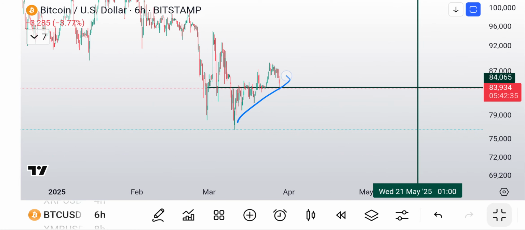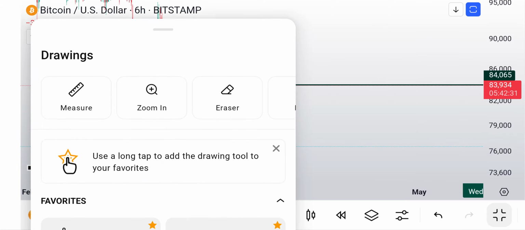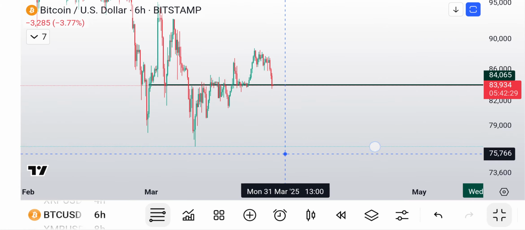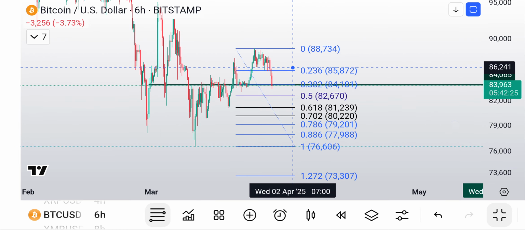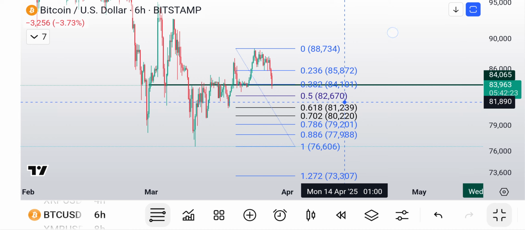We probably need to come down. So look at this. If we take a fib level from where we are, we're looking at 80K, guys. Okay, 80,000. So I don't think we're gonna fall too much more today. I think the selling is pretty much done. I could be wrong, but I think it's kind of gonna slow down a little bit.